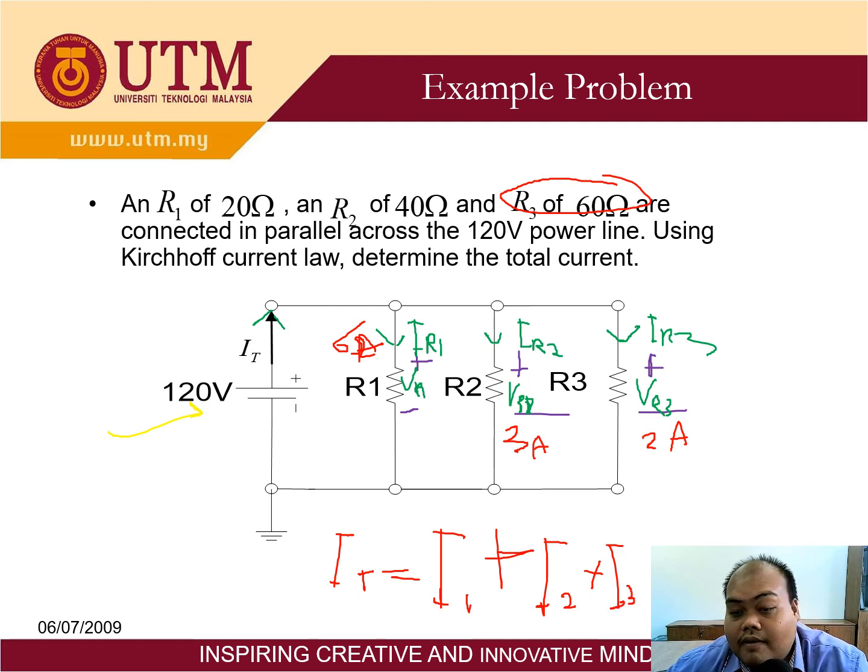So you apply Kirchhoff current law. IT stands for total current. Usually we write it like this. So IT is equal to I1 plus I2 plus I3. You get 6 plus 3 plus 2, which is 11 ampere. So you get the answer.